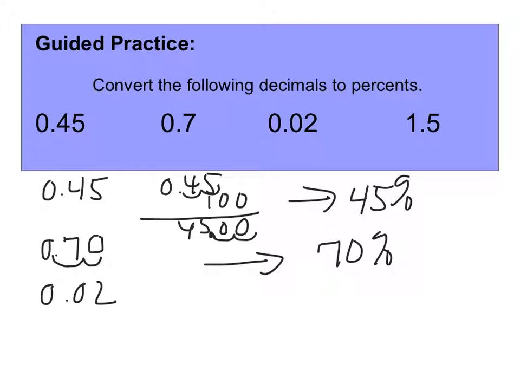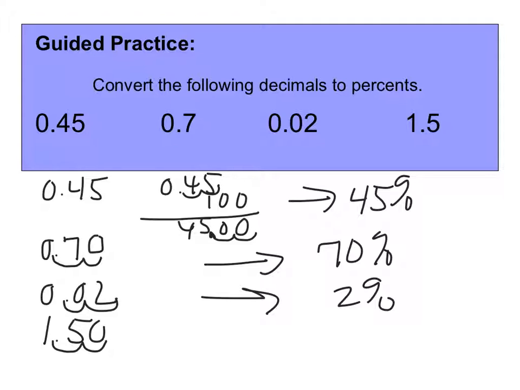For 2 hundredths, I move my decimal point 2 places to the right, and this ends up being 2%. And for the last example, 1 5/10, if I move my decimal point 2 places to the right, and I add a 0 as a placeholder, this becomes 150%.